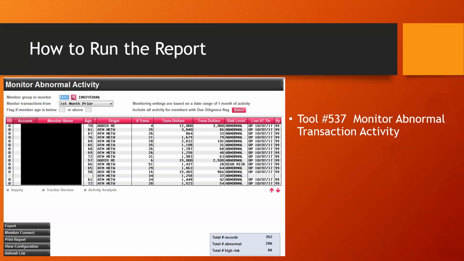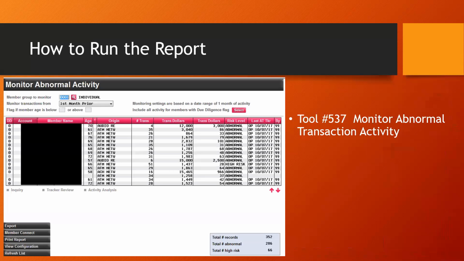And that's exactly what we found on our first beta run with a credit union in Appleton. We actually found a 6-year-old account that had multiple ACHs, high amounts of ACHs going through the account, along with a lot of audio response or home banking activity. What we discovered is the parents had actually filed bankruptcy on the credit union, and now we're using the child's account because the credit union missed the joint ownership relationship, using the child's account to transact business.